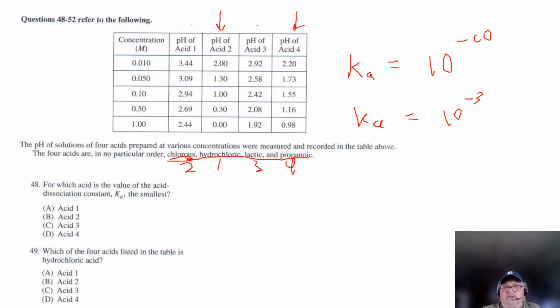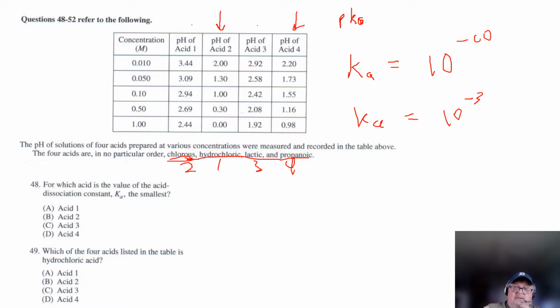We know that pH is the negative log of the H3O plus. Now it turns out that pKa is a lot like pH.